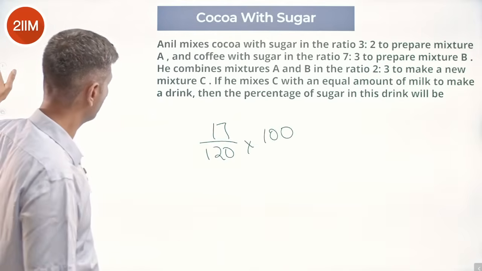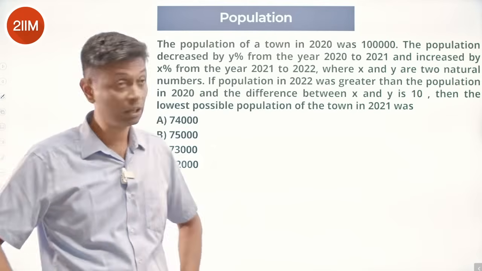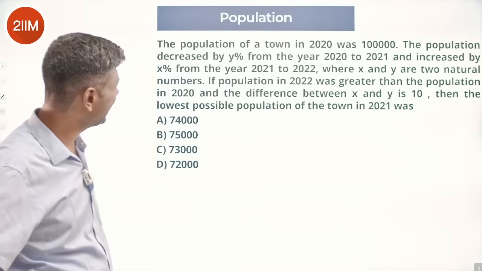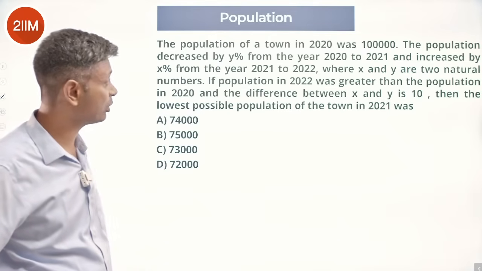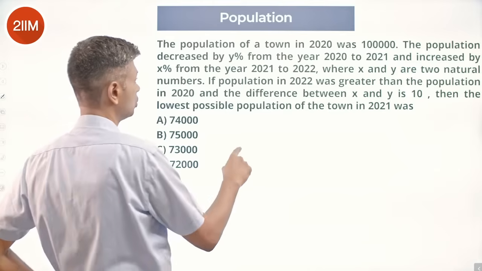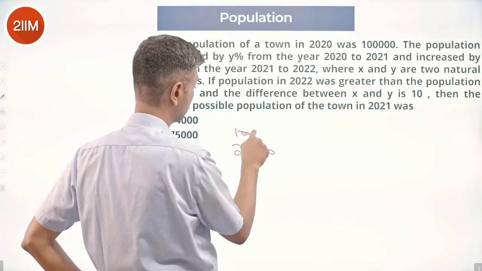Nice, doable question. The population of a town in 2020 was 100,000. The population decreased by Y% from the year 2020 to 2021 and increased by X% from 21 to 22. So 2020 was 1 lakh.